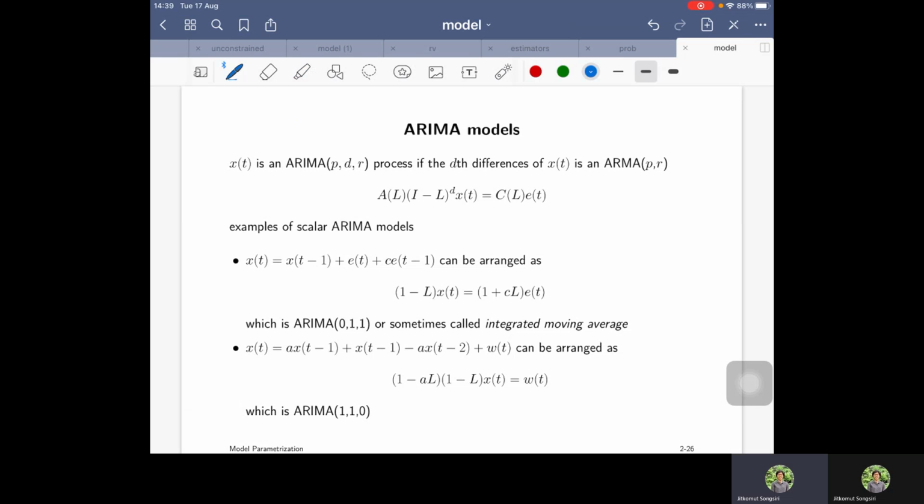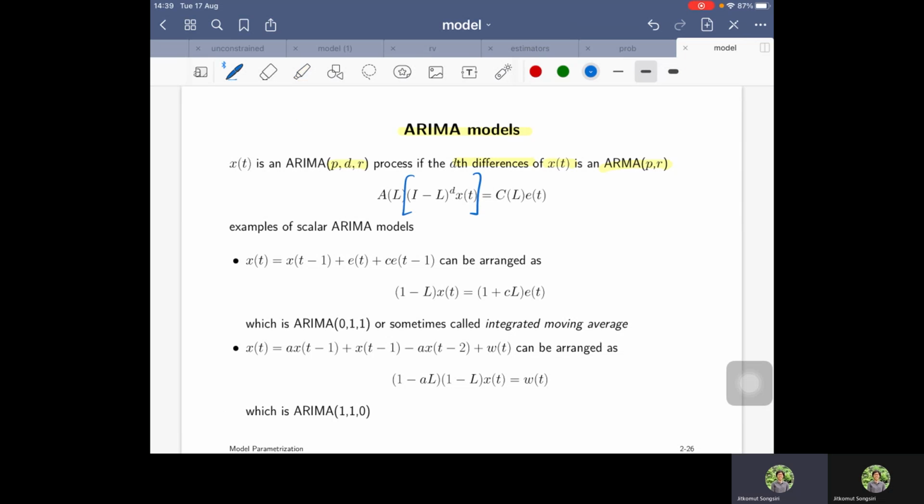Okay, now that we know about the integrated process, it comes to the non-stationary model that is called ARIMA models. An ARIMA model with the order p, d, q is such that if you take the difference of X, it becomes an ARMA process. So with this notation, take a look at this.